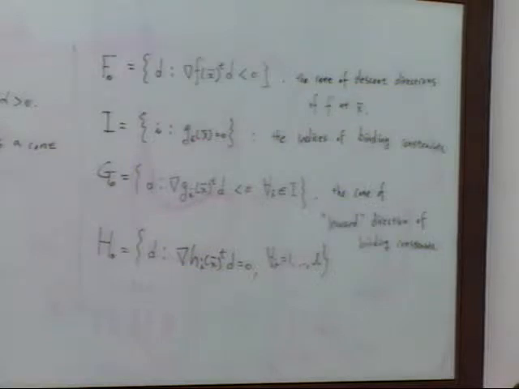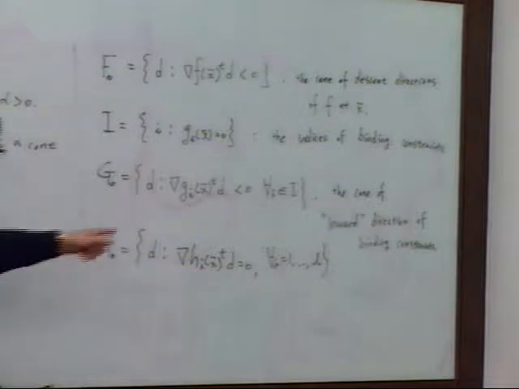For this linear inequality constraint, the direction is only one, right? I mean, the perpendicular direction, there is only one. But for this quadratic inequality constraint, the direction will vary according to the location.